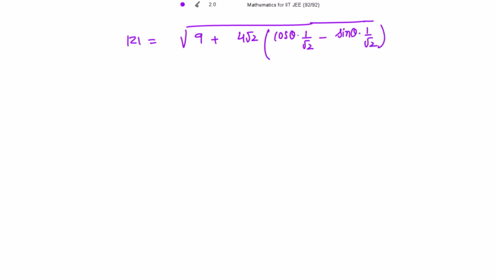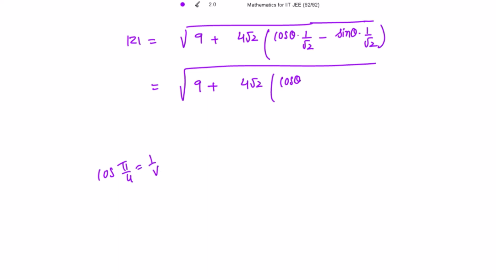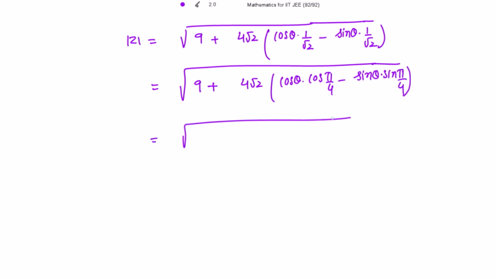Yes, fine. And 1 over root 2 is cos of pi by 4, and it is also equal to sine of pi by 4. So I'm using this. So this is cos of pi by 4 minus sine of theta into sine of pi by 4. So this is equal to square root of 9 plus 4 root 2.